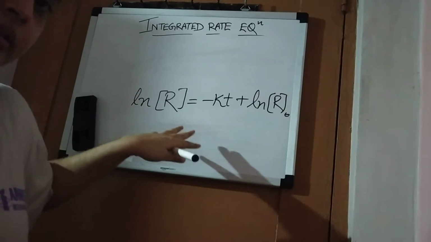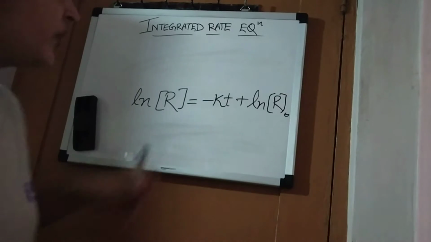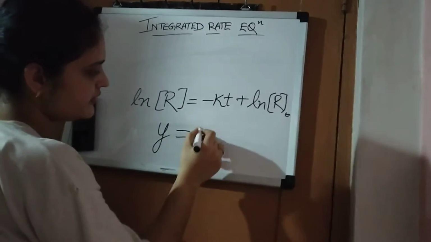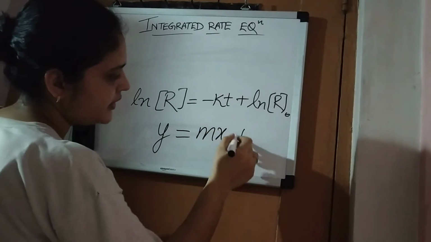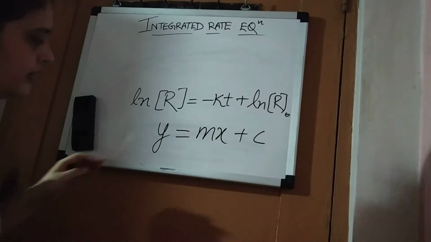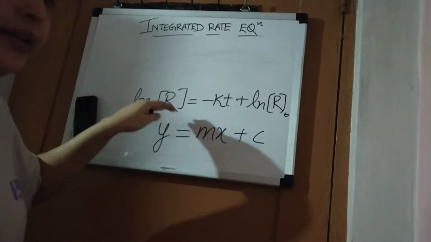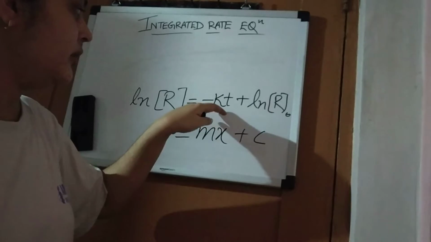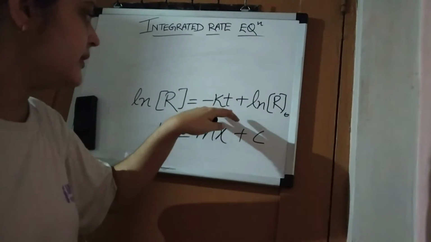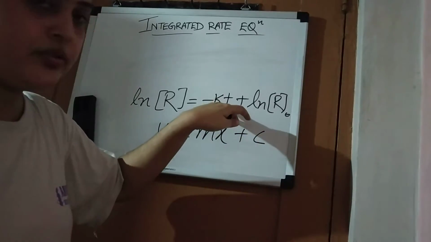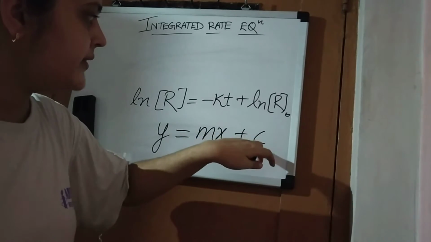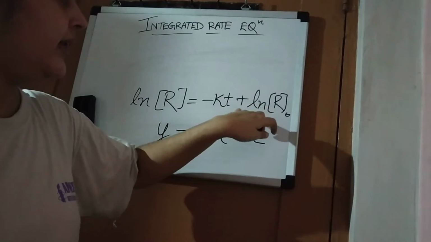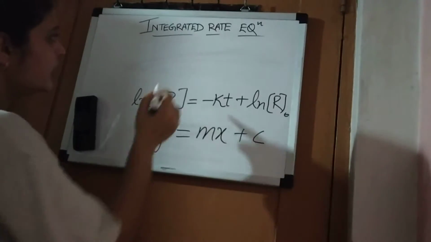Now if we compare this with the straight line equation, what will we get? The straight line equation is y equals mx plus c. So the y coordinate here is ln R. m is the slope, that will be minus k, and x is equal to time. And c, that is the constant or intercept, will be ln R naught. So let us draw a graph.